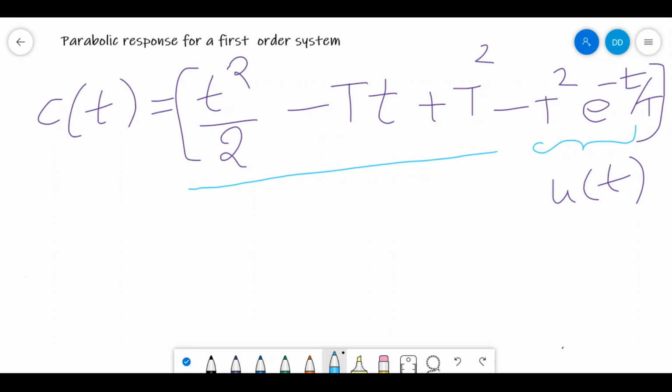When we compare the impulse and step input, we see that the impulse doesn't contain a steady state term. So to analyze a first order system in time domain, it is better to apply a step signal.